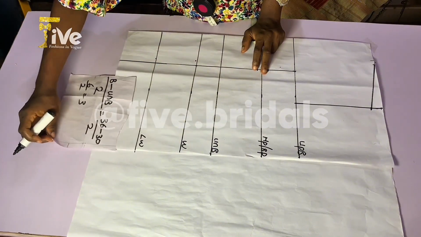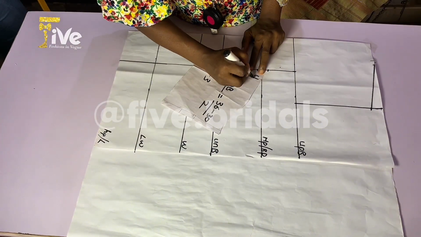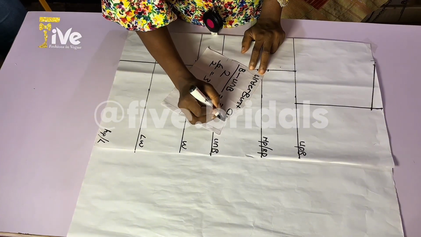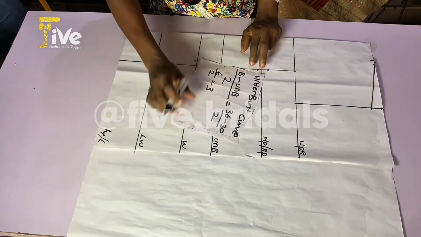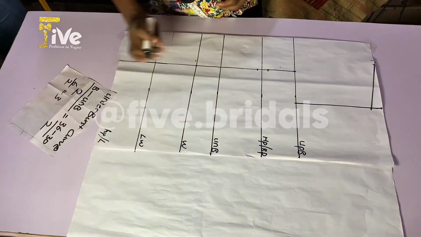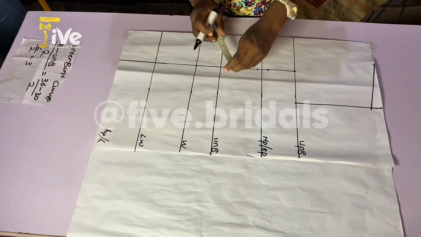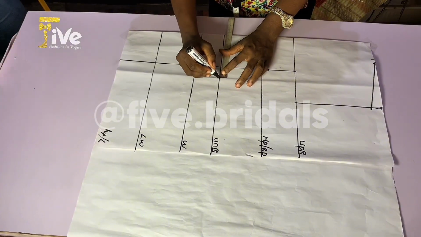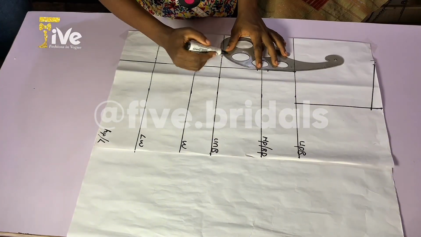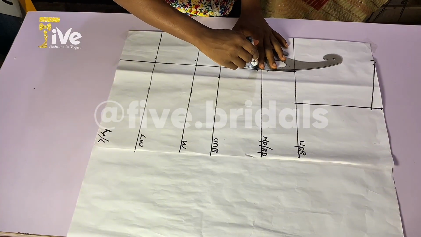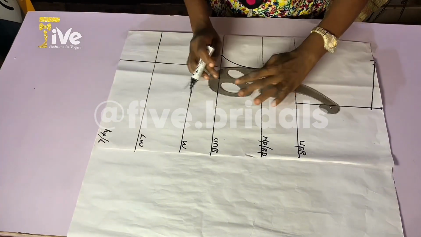So for the under bust curve, bust minus under bust divided by 2. This 3 inches, the difference, is what we are going to remove here. So you place it 1.5 on both sides. Are we correct? French curve. You use this side of your pattern, ruler, join, you flip it, you join.